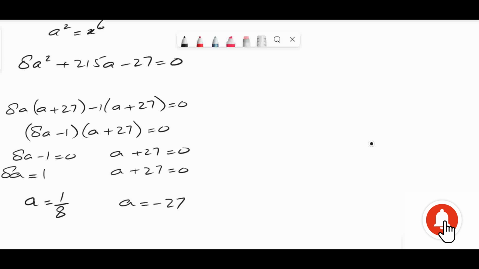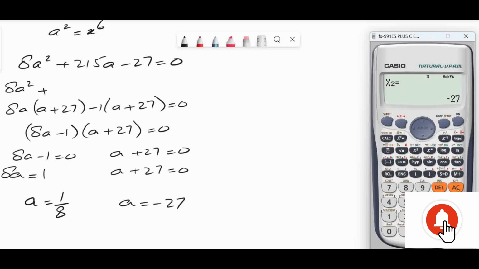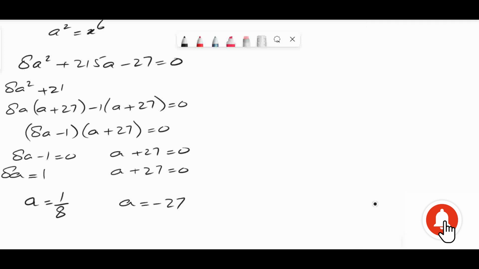Simply multiply: 8a square plus 27 times 8, which gives 216a, minus 27. So we can clearly see that these two will be the factors.